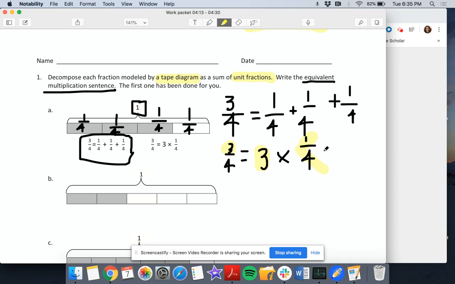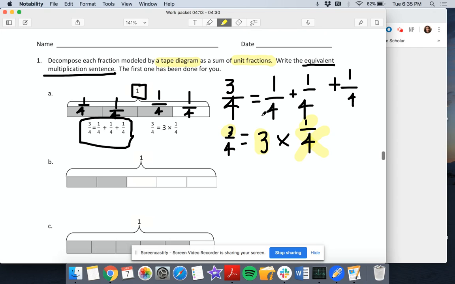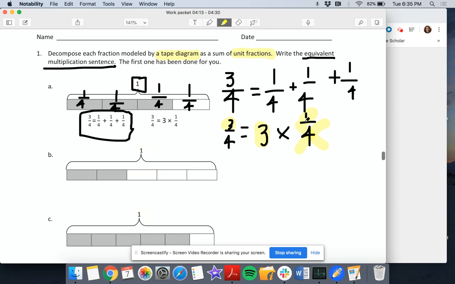We will not be multiplying the denominator by this 3. Let's just focus on the numerator, but we still can't forget the denominator at the end of the day because it is still important. We're just not going to multiply the denominator by 3 because we're multiplying the numerator by 3.